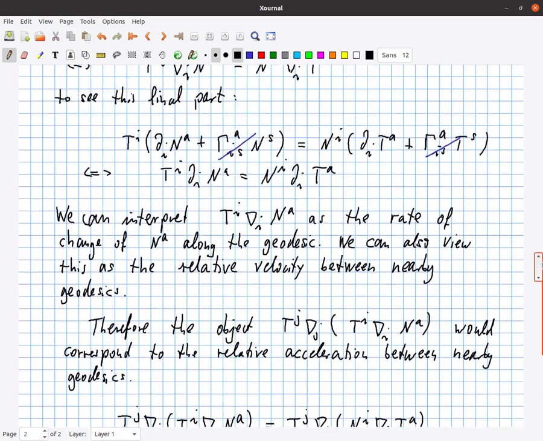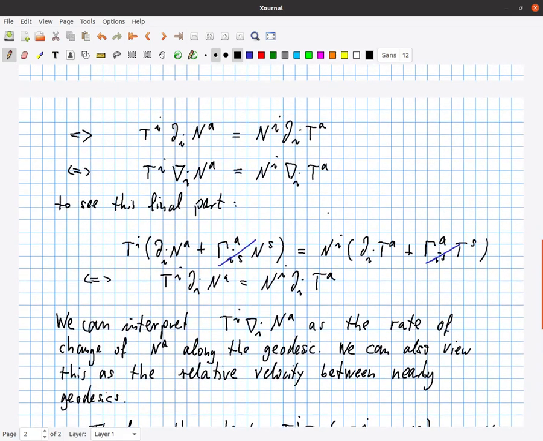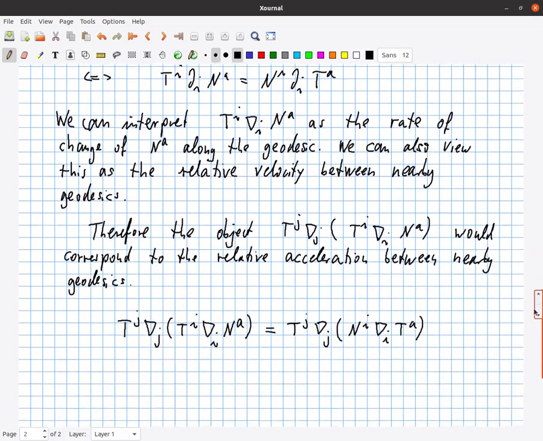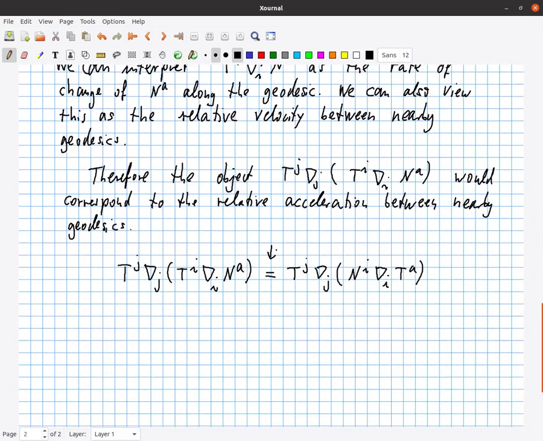This follows from this property here that we derived, by star.